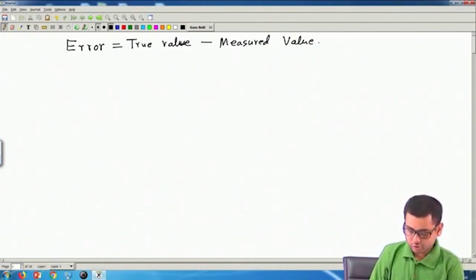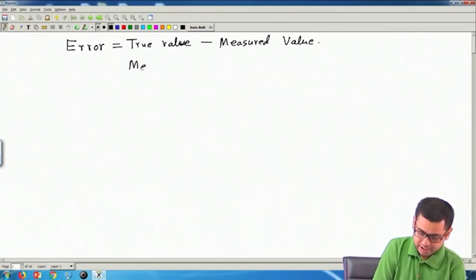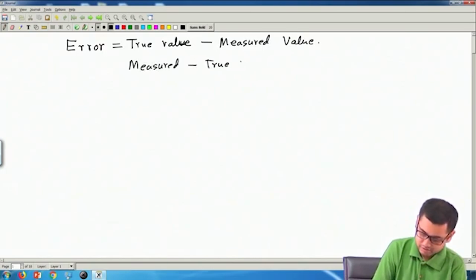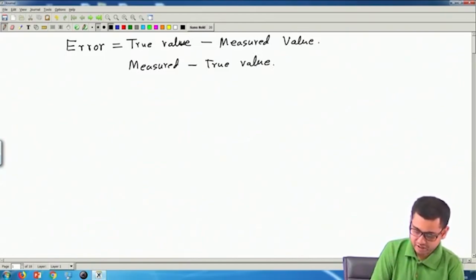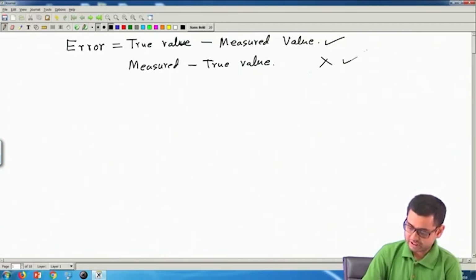Often people also write it as measured value minus true value. Both definitions are used in practice, depending on the situation. So you should not be stuck with the idea that this is the right definition and this is the wrong one.